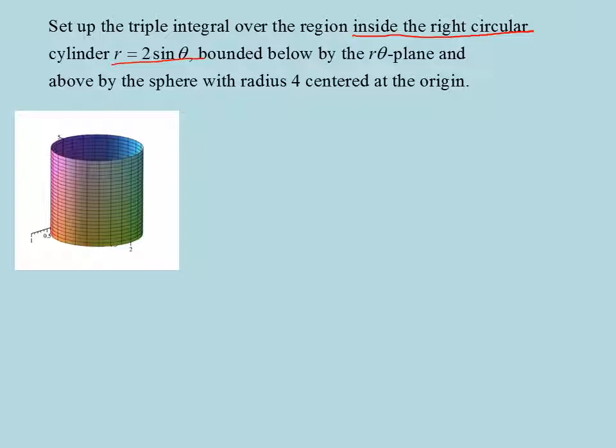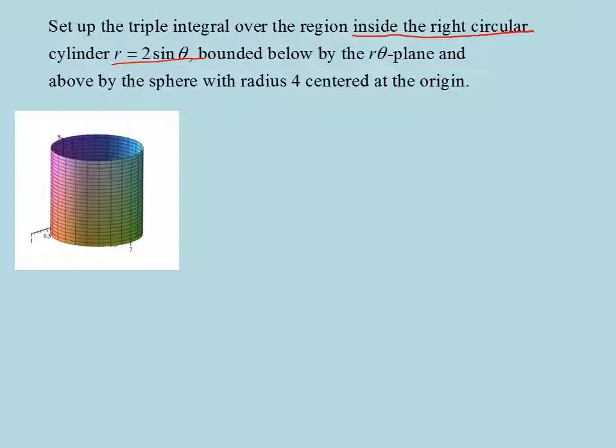So this is indeed the cylinder. That kind of jogs our memory. The 2 sine theta is a circle that goes out to 2 on the y-axis. That means it has a radius of 1. And it goes infinitely up in the z direction.